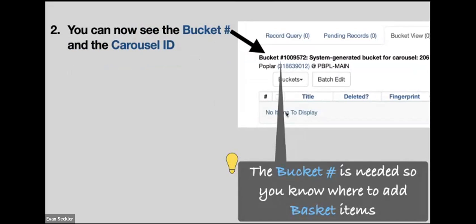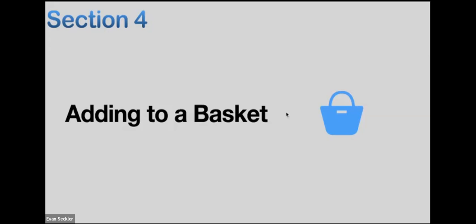You'll start with a basket. Hopefully some of you have encountered baskets. It's a wonderful feature, allows you to place multiple holds for a patron. You just go down, oh, I want every season of such and such. You just hit the check boxes and you can get them all at once. So let me show that.